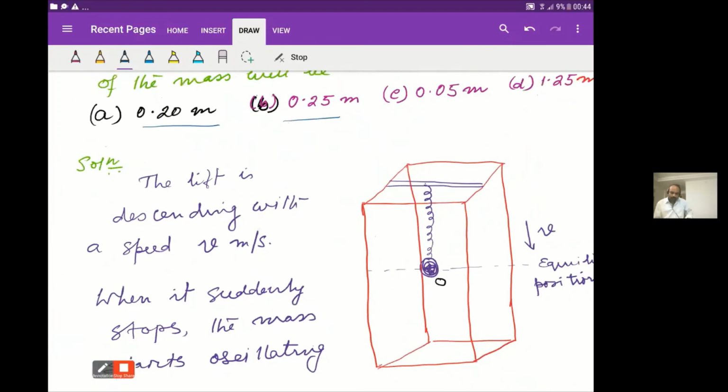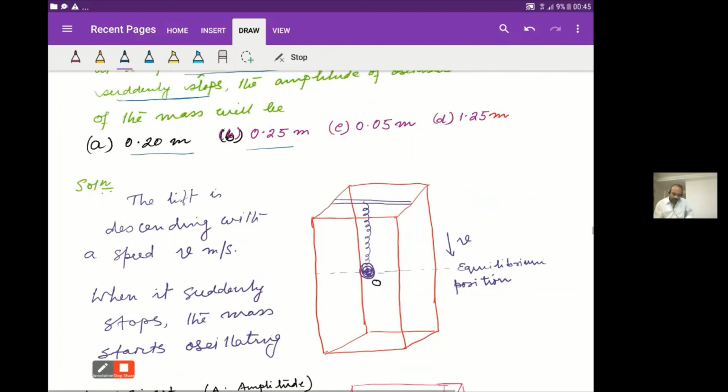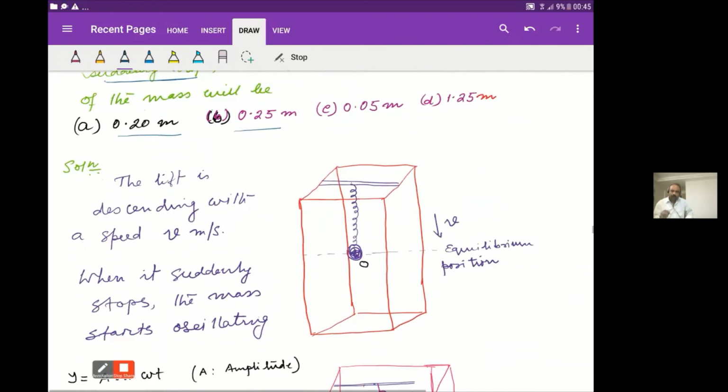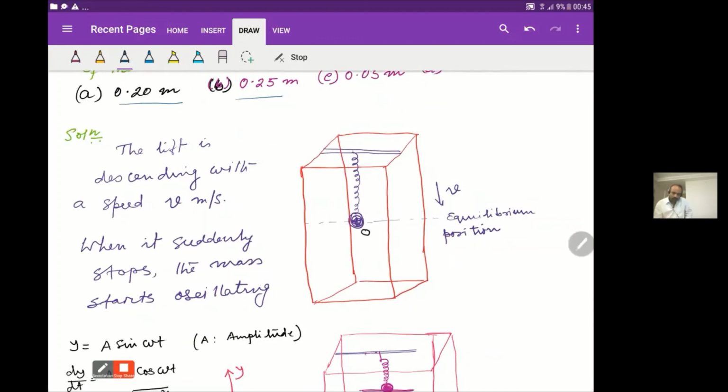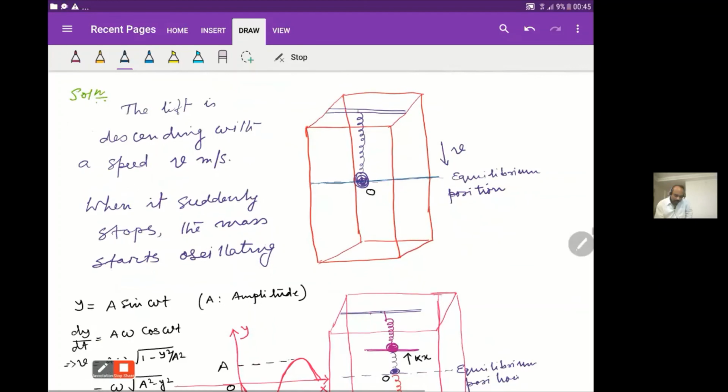So here I have redrawn the picture. So we can say when the lift is descending with velocity v, the spring mass system is also descending, it is not oscillating, and we can say this is our equilibrium position, which is 0. When it suddenly stops, the mass starts oscillating.